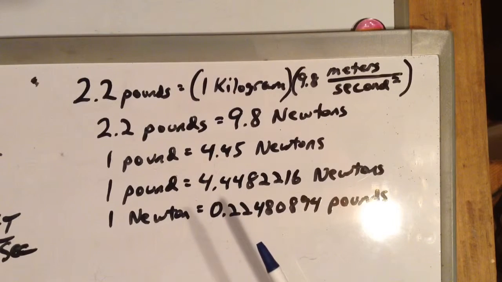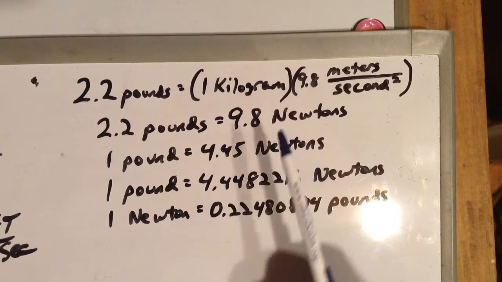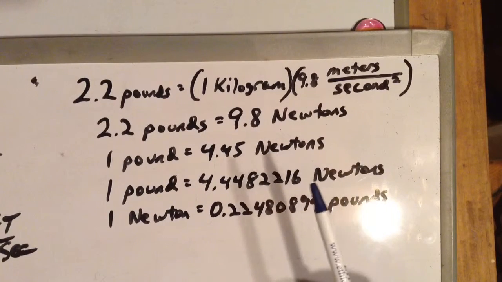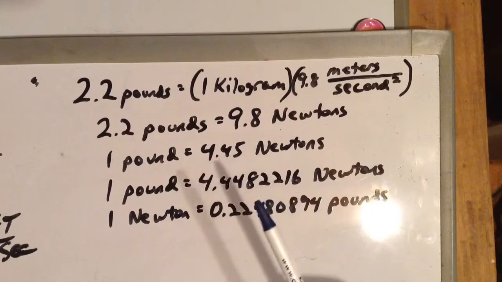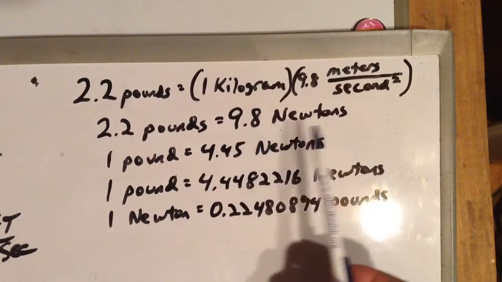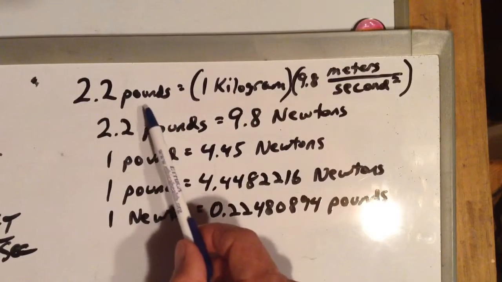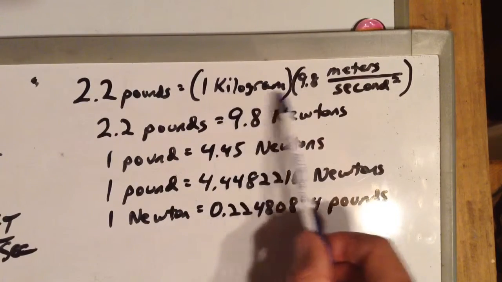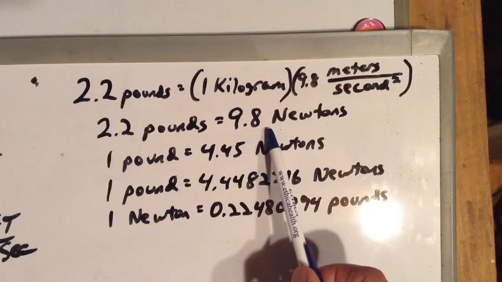We can also say that the acceleration due to gravity is 9.8 meters per second squared because 32 feet is approximately 9.8 meters. Here's the equation that converts pounds to newtons. We know 2.2 pounds is what 1 kilogram weighs, so 1 kilogram will weigh 9.8 newtons.